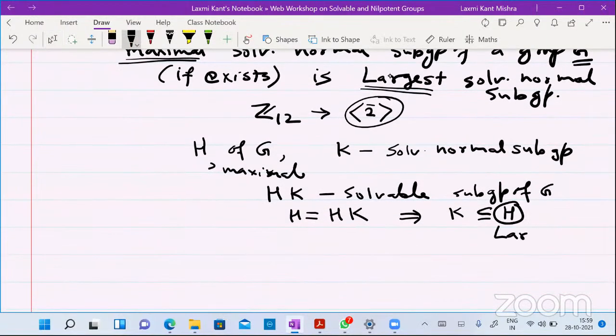That means any other soluble normal subgroup is contained in this H.